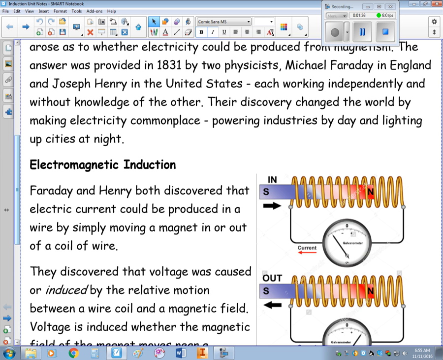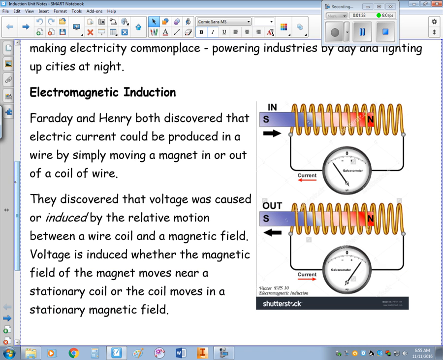So, electromagnetic induction. What Faraday and Henry both discovered was that electric current could be produced in a wire by simply moving a magnet in or out of a coil of wire.